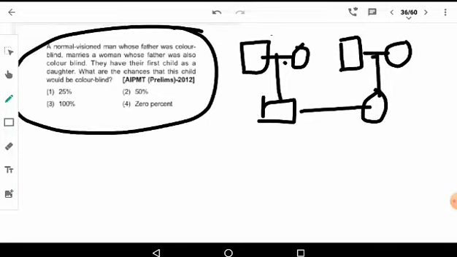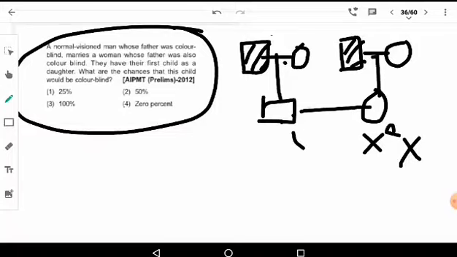We have a normal visioned man, whose father was colorblind, who was married to a woman whose father was also colorblind. So she will be getting XC from the father and X from the mother. And since this person is normal, we can say that he is going to get Y chromosome from the father and X chromosome from his mother. So these are the genotypes of the two individuals.